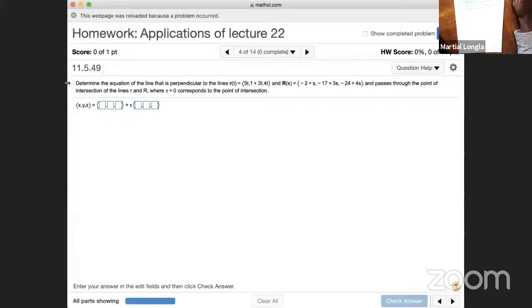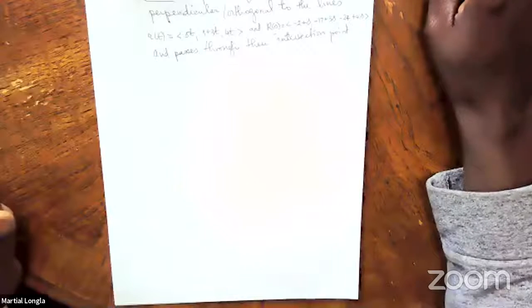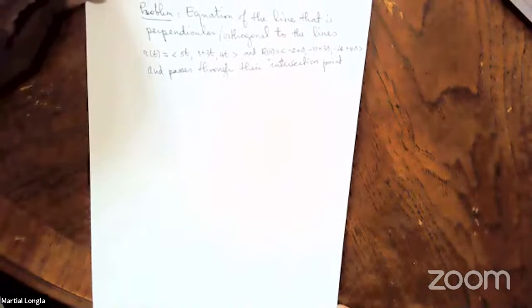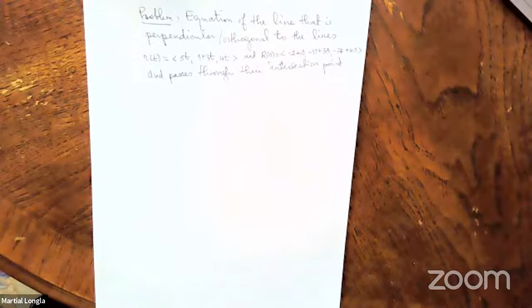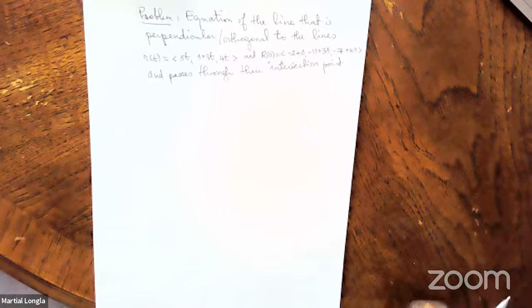All right, so that's the thing. So get me the equation of the line that is perpendicular or orthogonal to the lines R of t and R of s and passes through their intersection point.